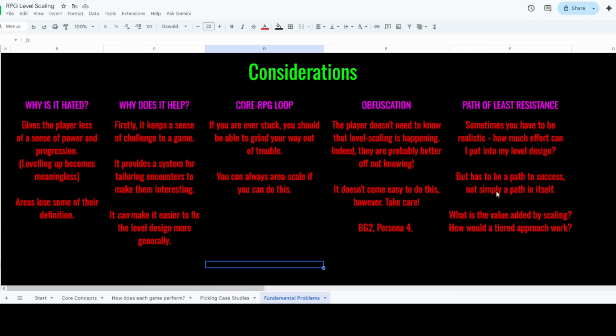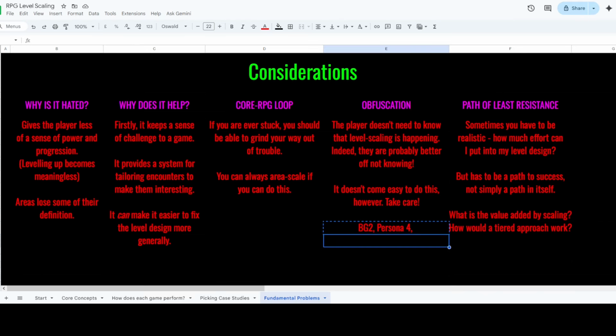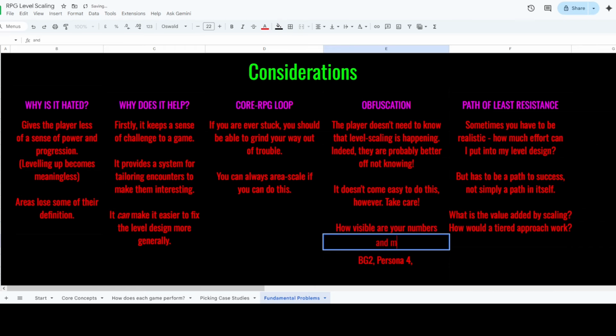Maybe as well with the obfuscation, it's perhaps worth bearing in mind how visible are your numbers and metrics?